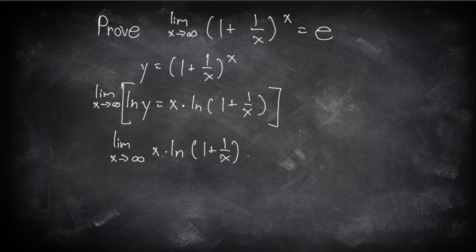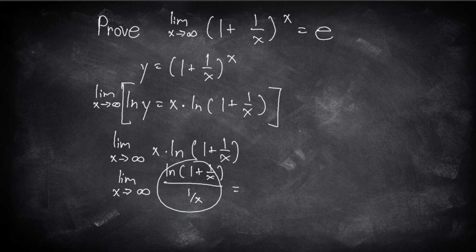Then we can use L'Hopital's rule to write this as the limit as x approaches infinity. The easier one on the top is probably going to be the natural log, because we don't want that on the bottom. That's a little bit too complicated. So on the bottom we have 1 over x. L'Hopital's rule says that since this is an indeterminate, we can take the derivative on the top and bottom separately.